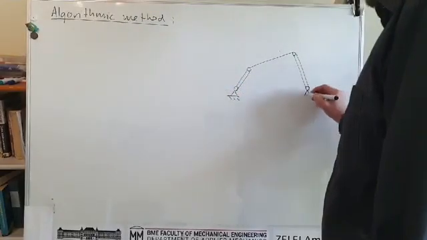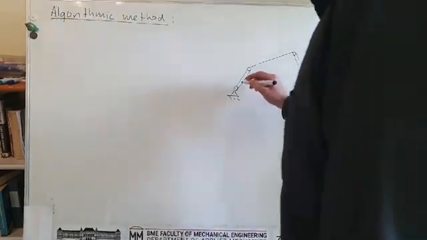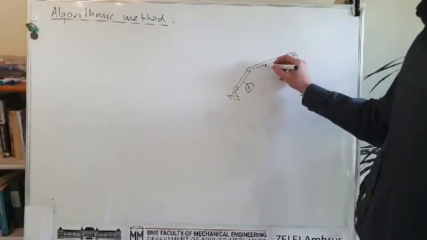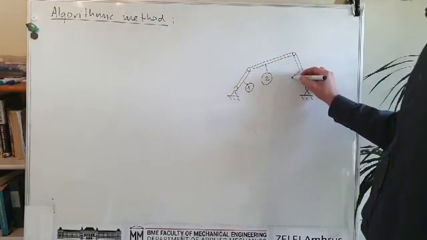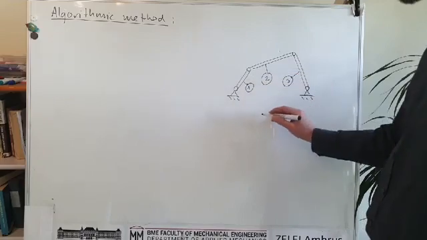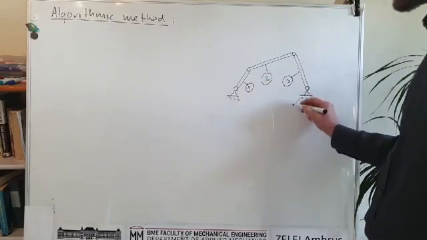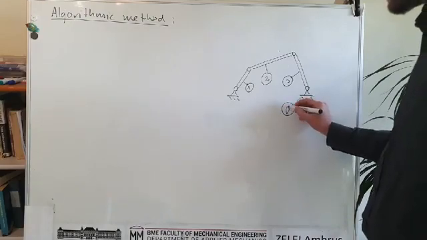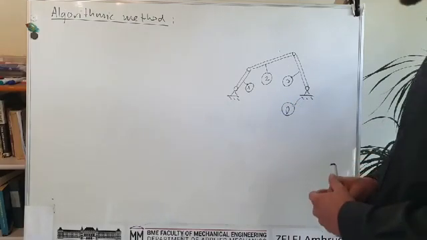So we have a four-bar mechanism, and the numbering is 1, 2 and 3. We have three moving rigid bodies, and we have one ground which is fixed, so it is not moving.